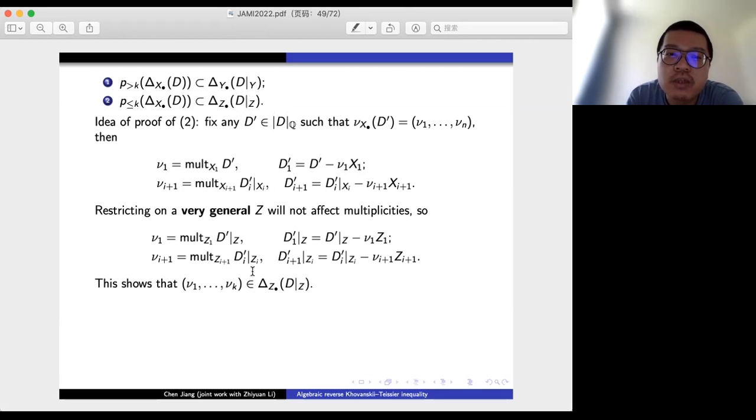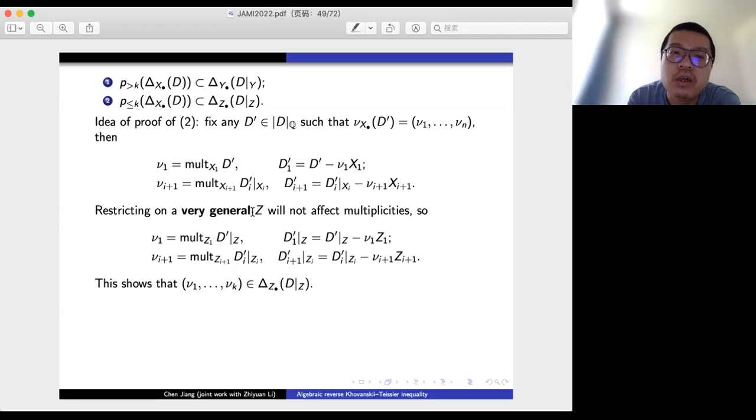But to determine the Okounkov body, you can just look at its rational points. So the Okounkov body is determined by rational points. So it's determined by countably many D prime, right? So countably many D prime.